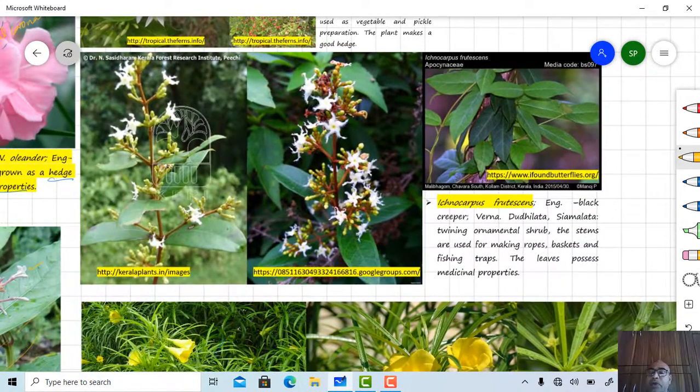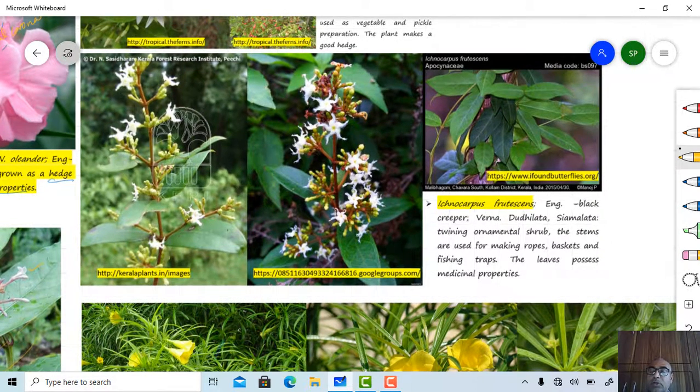So this one is Echites frutescens, black creeper, dudhilata or simlata, a twining ornamental shrub. Stems are used for making ropes, baskets as well as fishing nets. Leaves possess medicinal property.